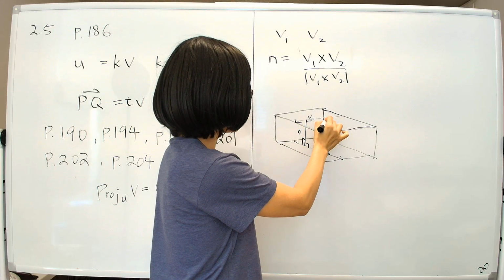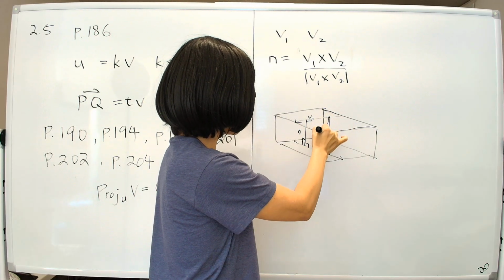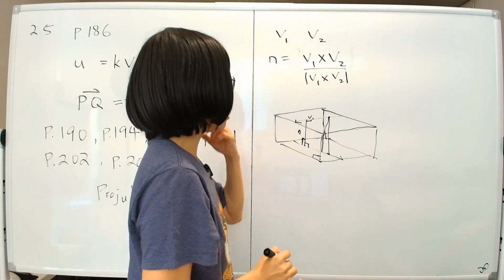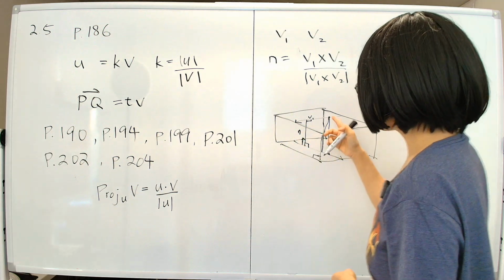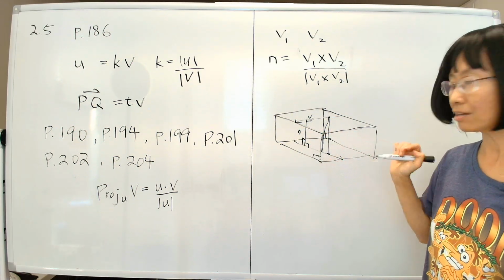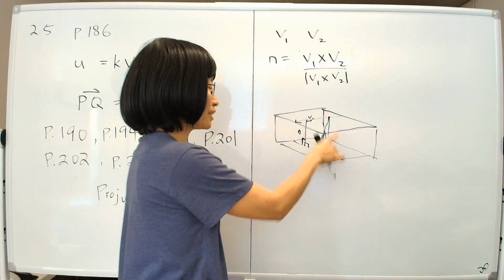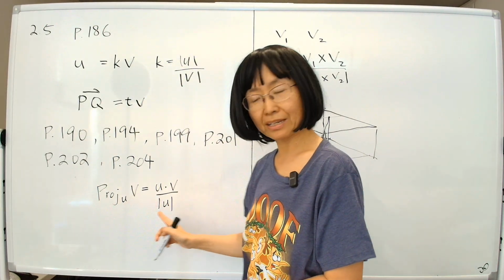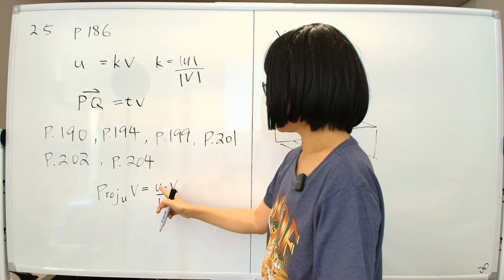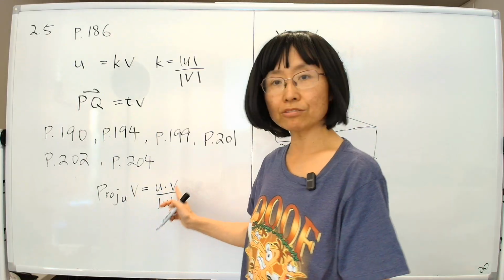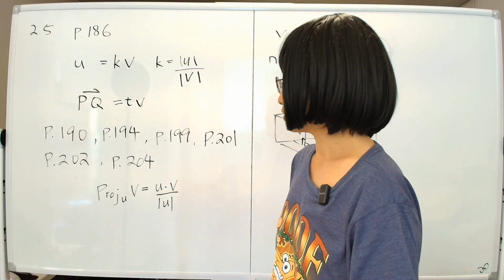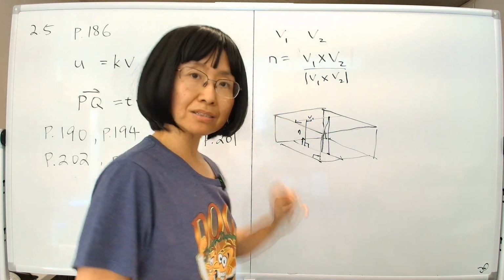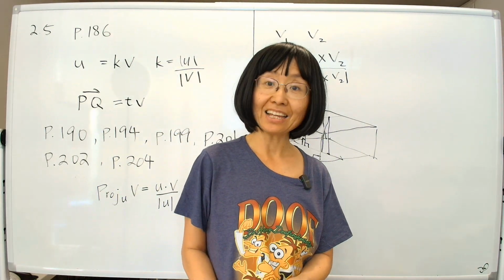If we project it onto n, that will give us the perpendicular distance. The projection of this thing onto n uses my projection formula written right here, so we need to calculate u dot v divided by the magnitude of u. The length of this projection will be the distance between the two skew lines, and with that, you are done.